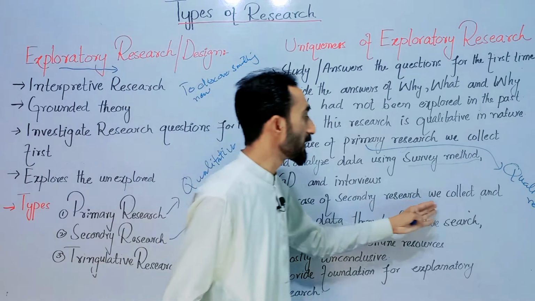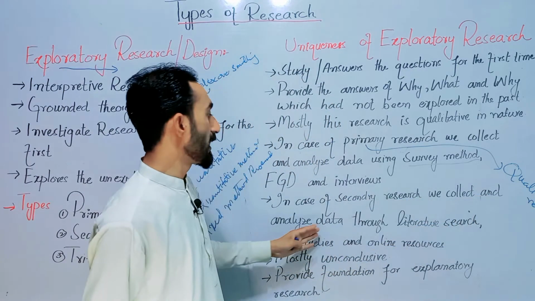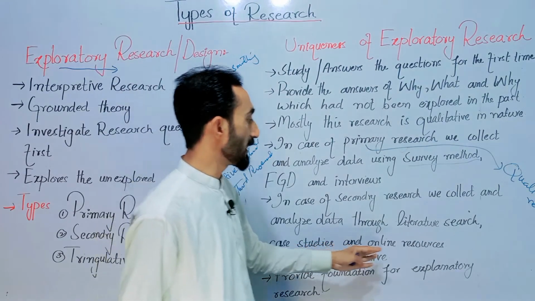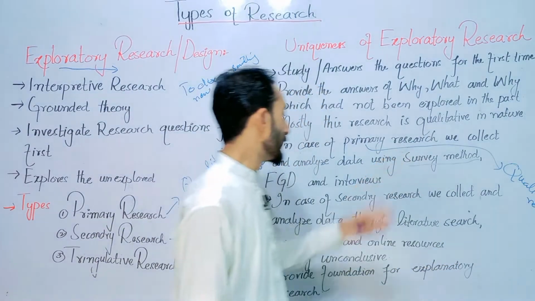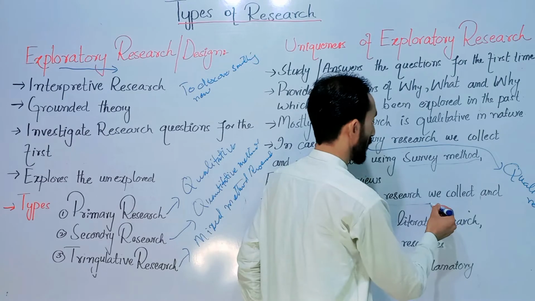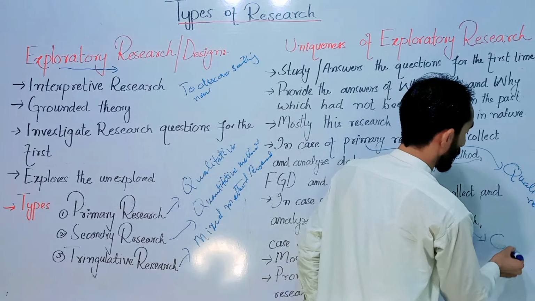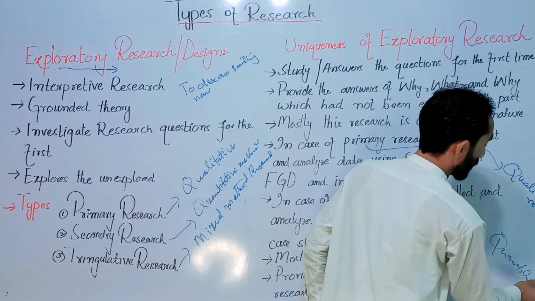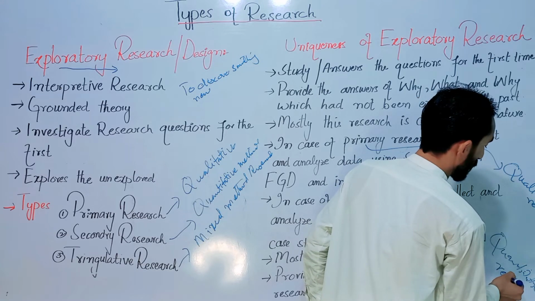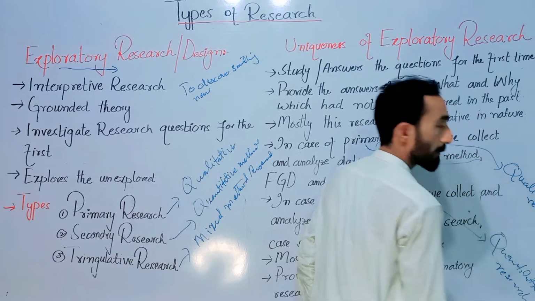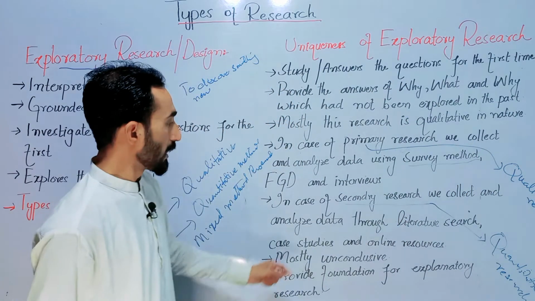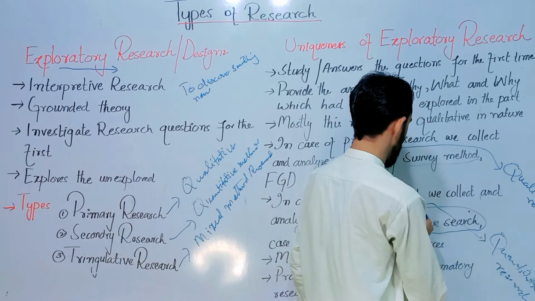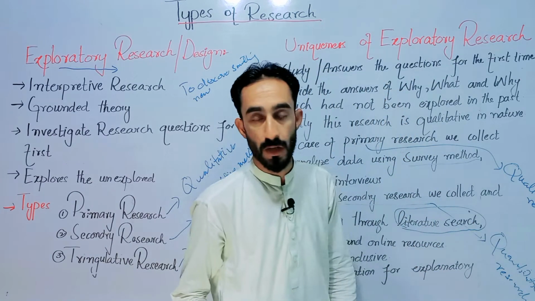In the case of secondary research, we collect and analyze data through literature search, case studies, and online resources. Secondary research is also called the quantitative approach. Literature search is basically the literature survey or literature review.